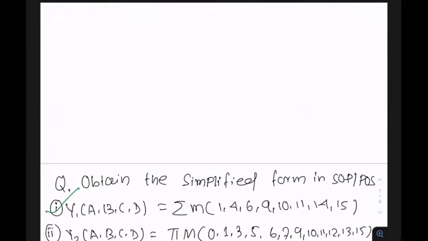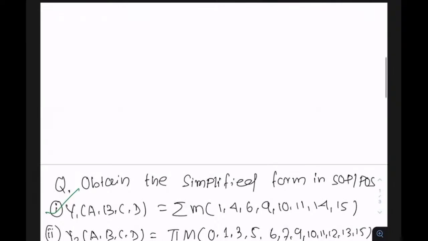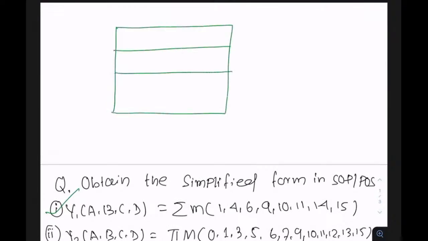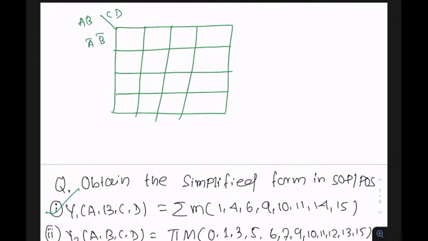Let me draw the map here. First I'm drawing a 4 variable K-map. This side is your AB and this is your CD, because the min term expression is given, so I would like to solve this using SOP format.